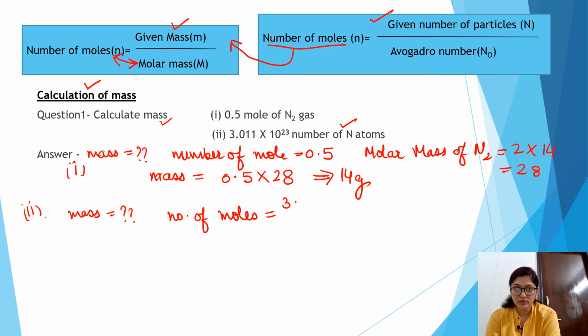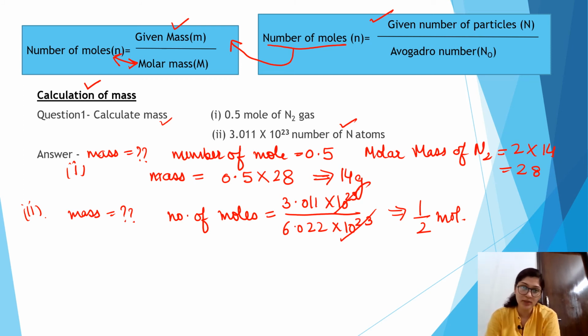This is given, right, which is this much particle we have given, divided by Avogadro number 6.022 into 10 raised to power 23. So cross multiply it and this comes out to be 1 by 2.